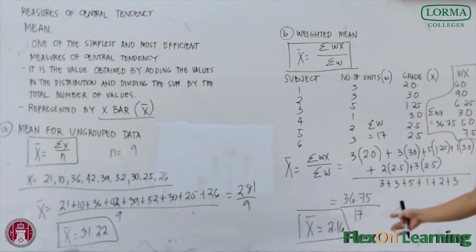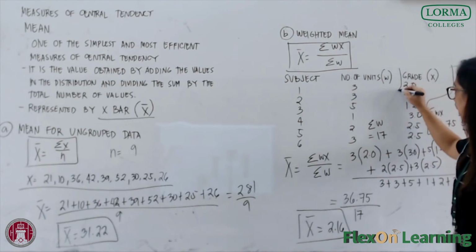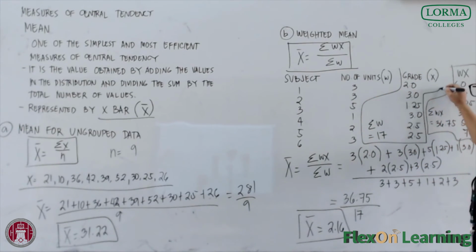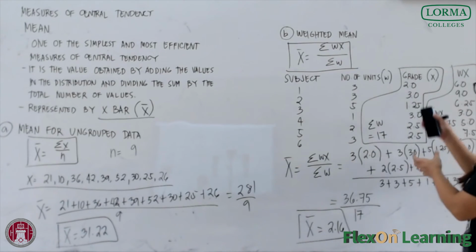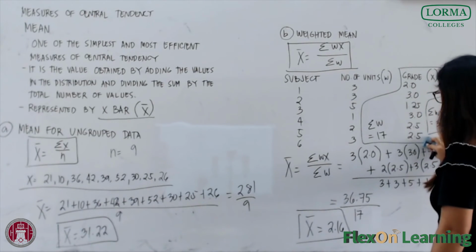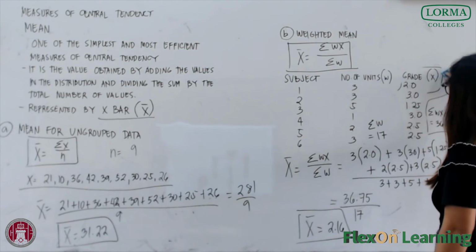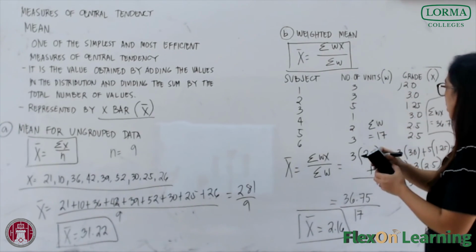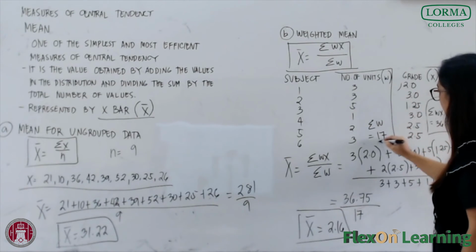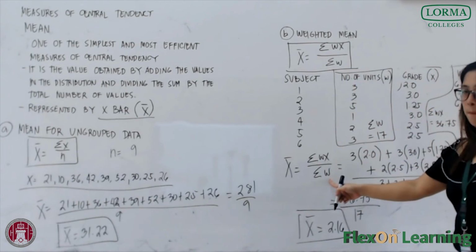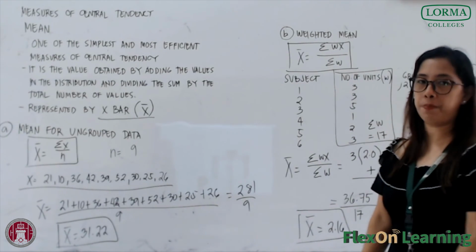You don't need to do it in a longer way, just get the summation of your WX and then the summation of your W. This is the summation of W, in order for you to compute your mean.